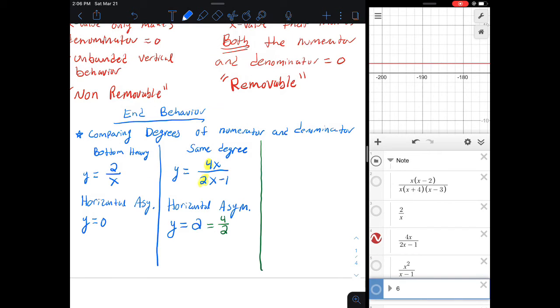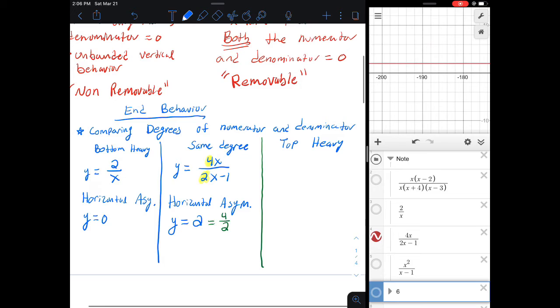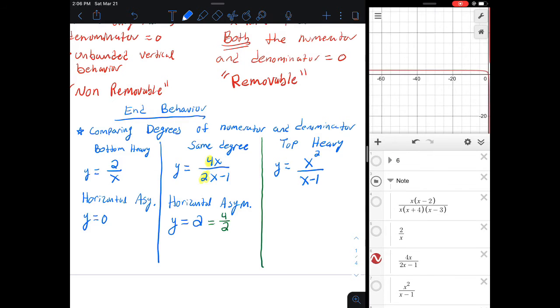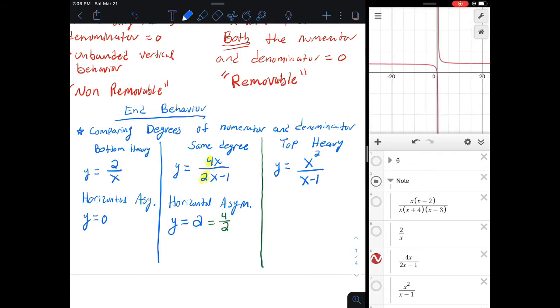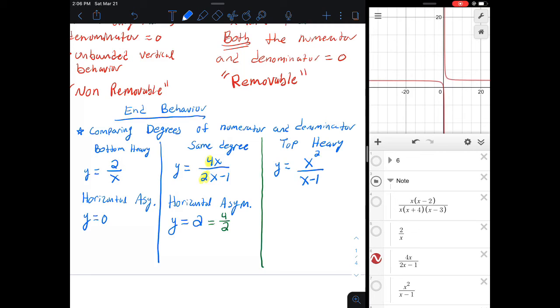Case 3 would be if the function is what I call top-heavy, meaning that the biggest degree or the biggest exponent of x lies in the numerator. So an example would be x squared divided by x minus 1. And let me get my graph back here. All right, and let's graph that function.